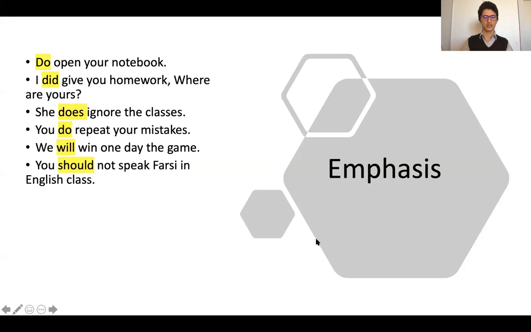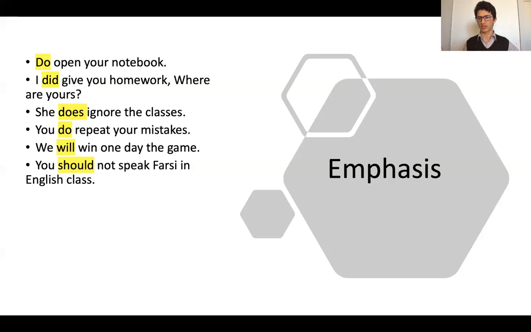All these words that are highlighted yellow are used to show what? To show emphasis. Do you know what emphasis means? It means ta'keed. We stress these words to show that we want to make a strong statement.